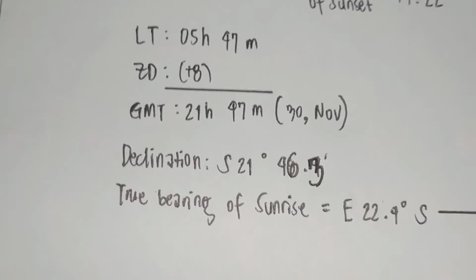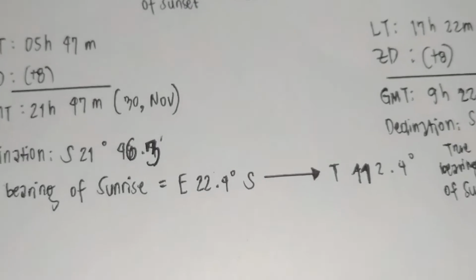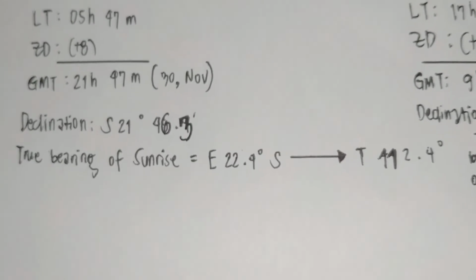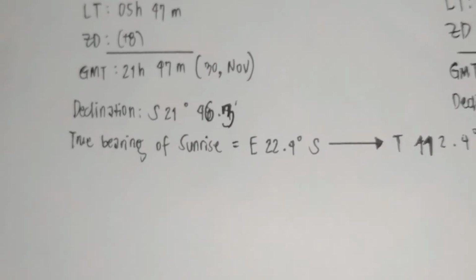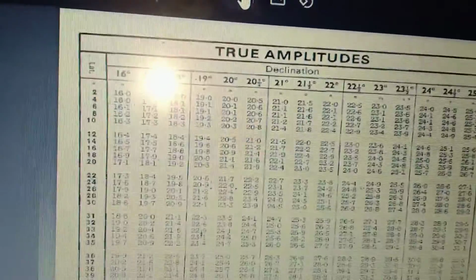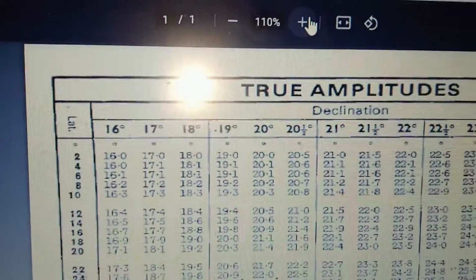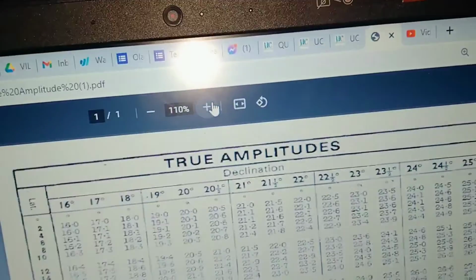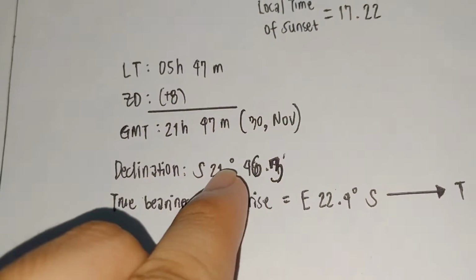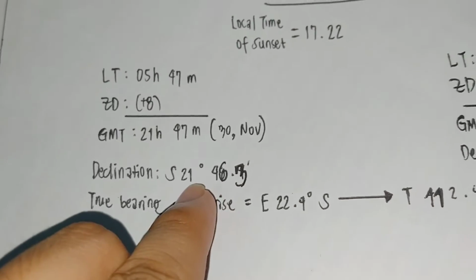So our true bearing of sunrise is east 22.4 degrees south. So how did we get it? We do have here our true amplitudes. In our true amplitudes, we did get 21, so we will just round it off to 22.